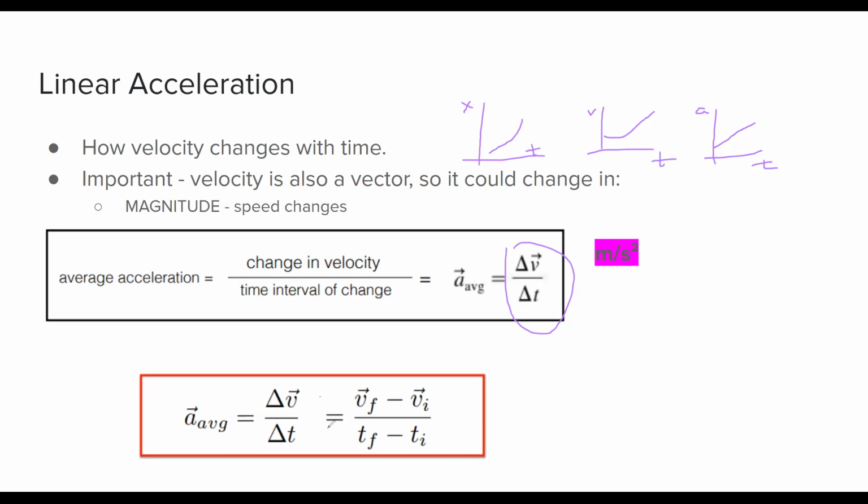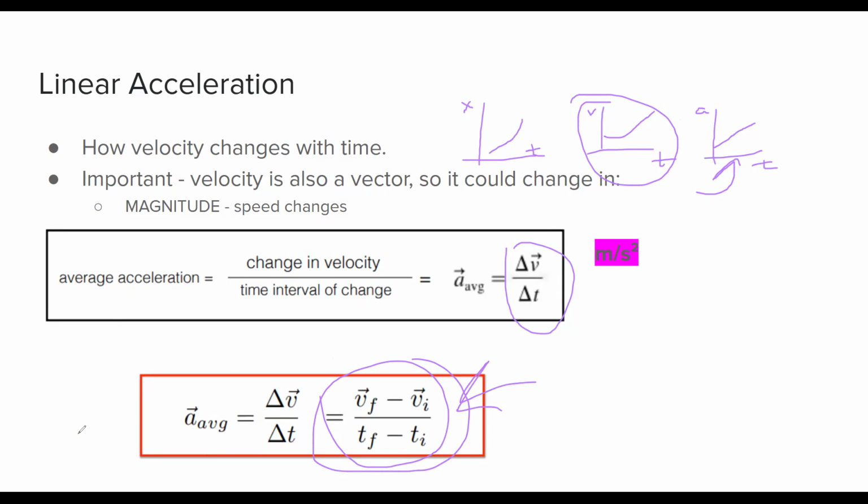So same thing for these deltas, always do the final minus the initial. So what was the ending velocity minus the starting? It's almost like the rise over run, and why is because I just said the slope of this thing is going to be this thing, and that's what this looks like, right? This looks like the slope formula that we know. So you can think about it in that way too.